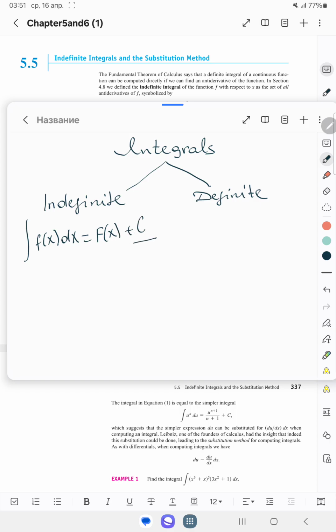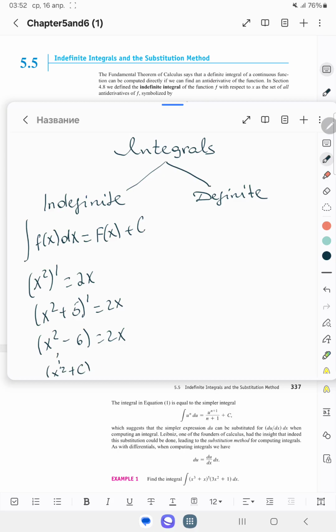Why c? Like we have discussed it before with few of you, but I will just go through it again. We know that derivative of x squared is 2x, and derivative of x squared plus 5 is also 2x. Derivative of x squared minus 6 is also 2x.